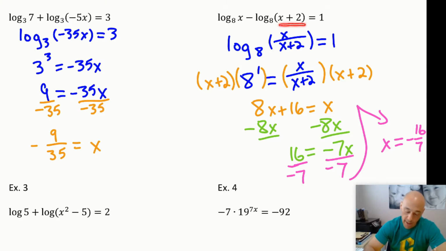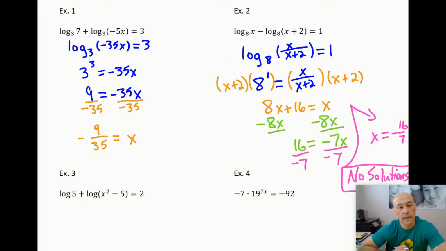So when we plug it in here, we also get a negative argument, which doesn't work. So the actual answer here, be careful, is no solutions. So it's important that you make sure that that's clear in your answer.